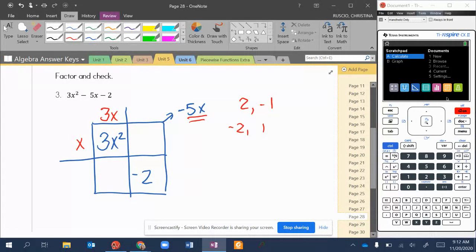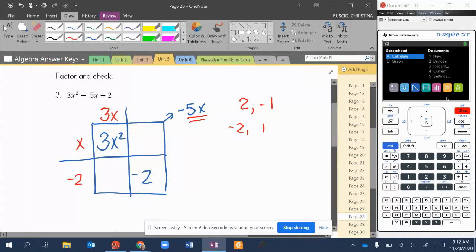All right, so what I'm going to try first is I am going to put in the negative 2 down here and the positive 1 up top. Actually, I lied. I'm going to do the negative 2 up here and the positive 1 down below. So I'm going to try these two factors.